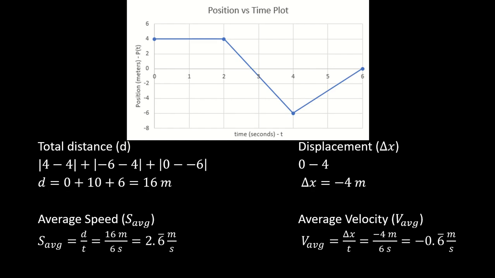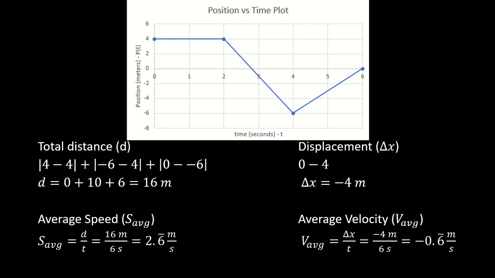Some valuable information we can get, whether we just care about the scalar quantities or the vector quantities. If you're asked to solve for distance, all that is, is the total distance that was walked backwards and forwards. For that, we just need our y values for each linear region. For example, for that 0 to 2 seconds, we started at position 4 and we ended at position 4.